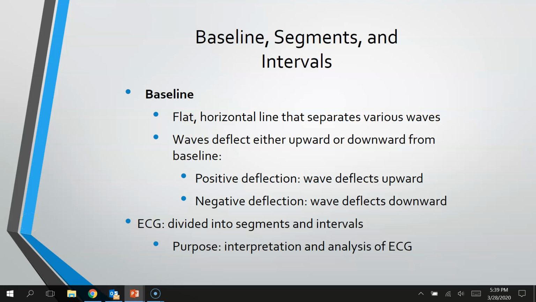And these are important because when the cardiologist is reading the EKG, they're actually going to be looking at the length of time these segments and intervals may be, if there is an increase in one, if there could be a decrease, and those are going to indicate certain diseases or possible diagnoses for the cardiologist.